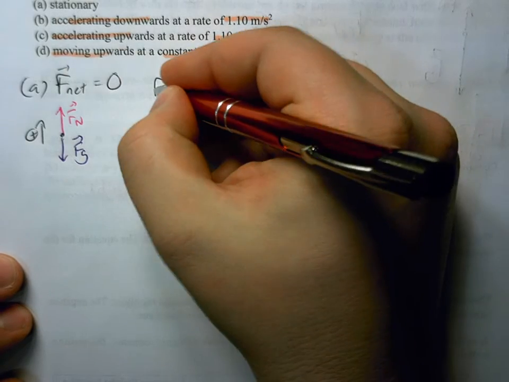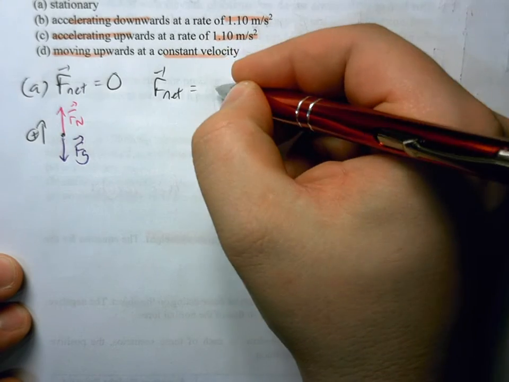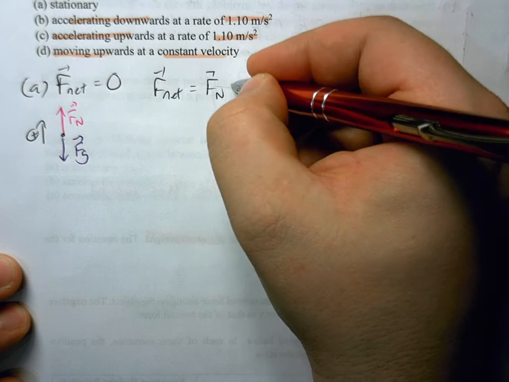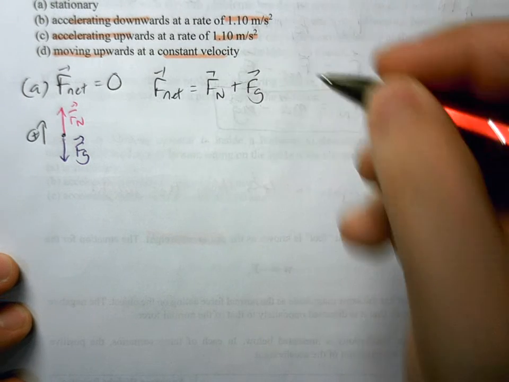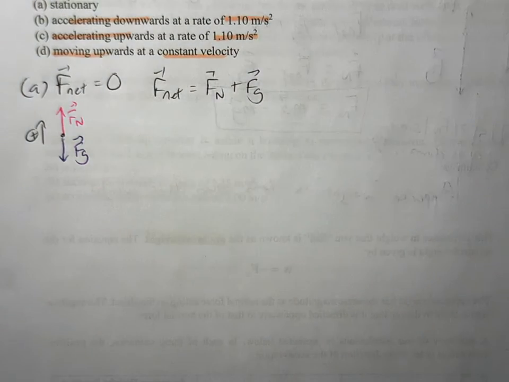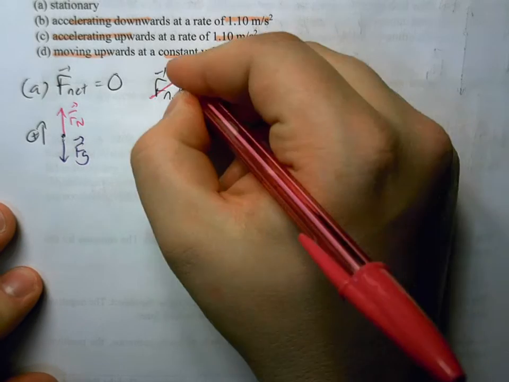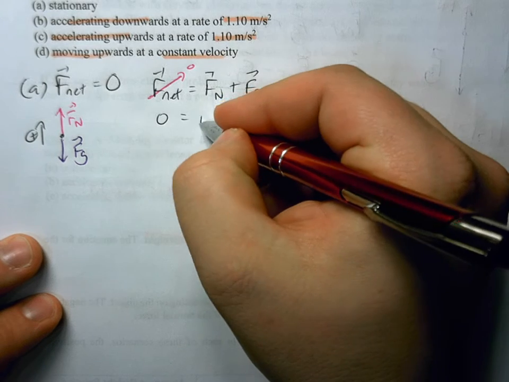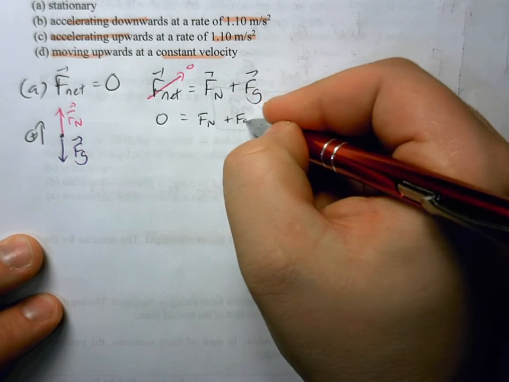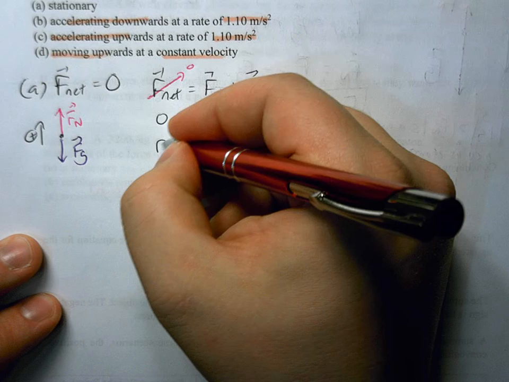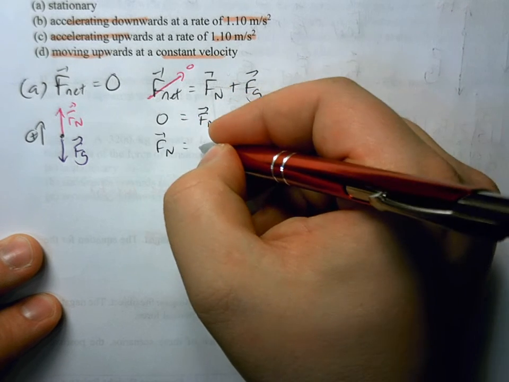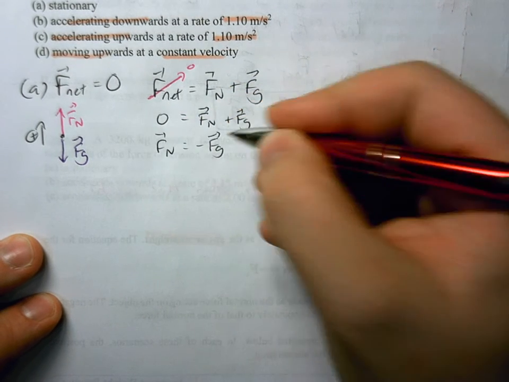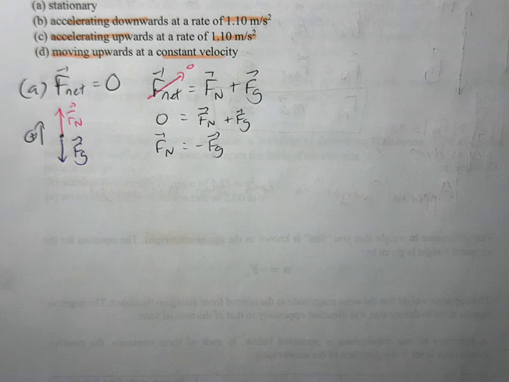So I could just say that the net force acting on this gentleman is the normal force plus the force due to gravity. Again, net force is 0. So we're going to get that the normal force plus Fg is equal to 0, or Fn is just going to be the negative of Fg.